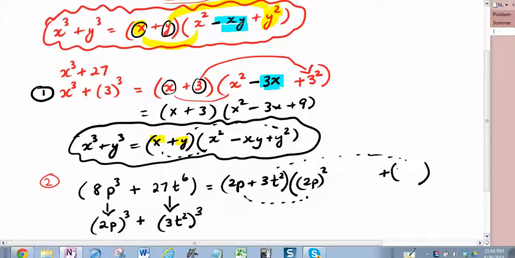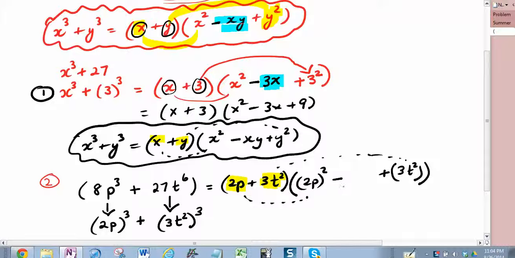It's plus. Okay? And then what goes in the middle? Well, everything I've done so far has been plus. It's a minus. And how do I construct the middle? I simply take my 2p and my 3t squared, and I multiply them. 2p times 3t squared is what's going to go in there.